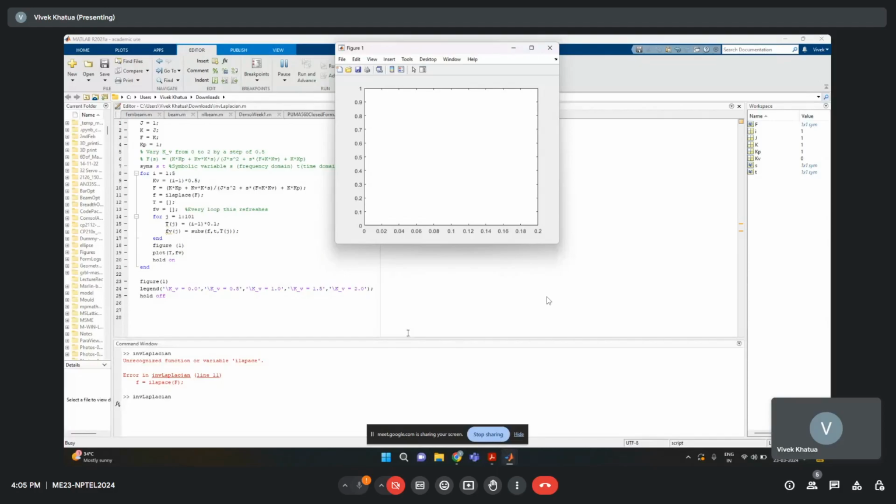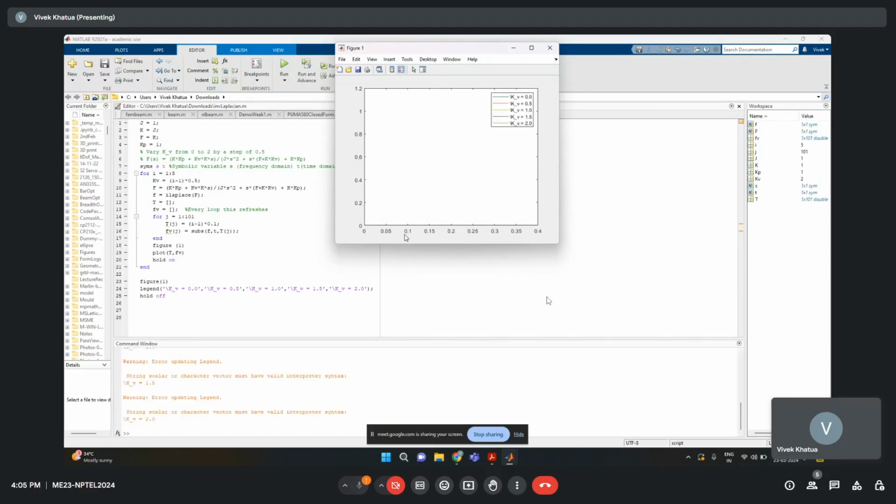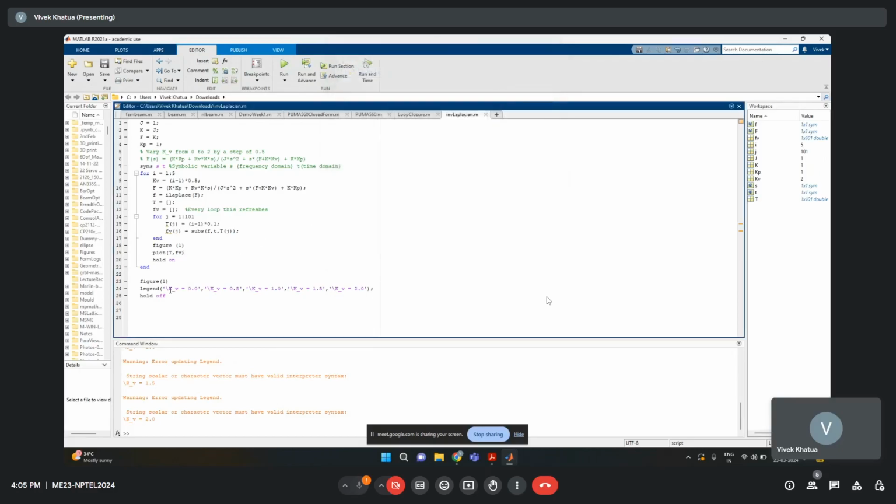Hmm, what's wrong? No, it's still running. It's just slow. The computer has become slow. Where is the graph? It's okay.